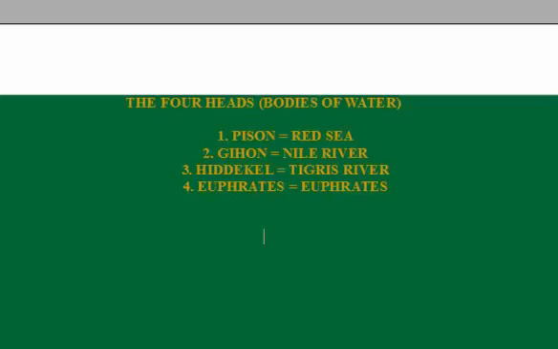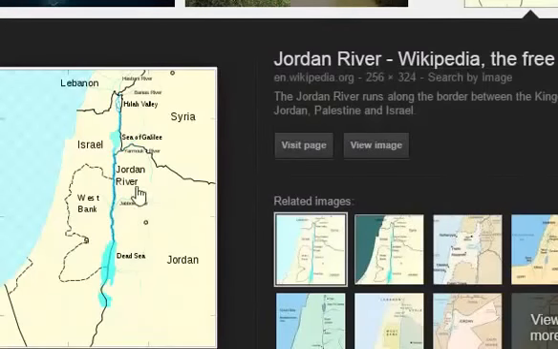So the Garden of Eden, when you locate it according to the scriptures, and when you go into the history of these particular bodies of water, it leads you back to the land of Israel, to Palestine, to Jerusalem.